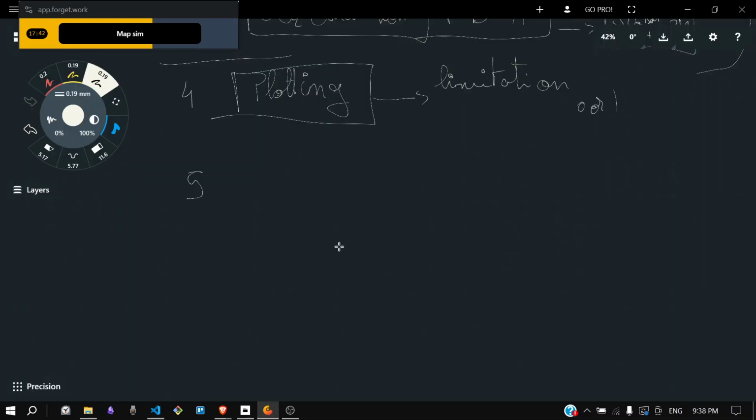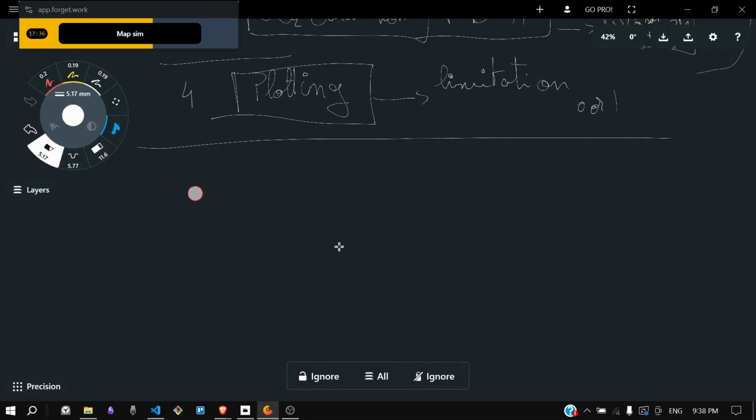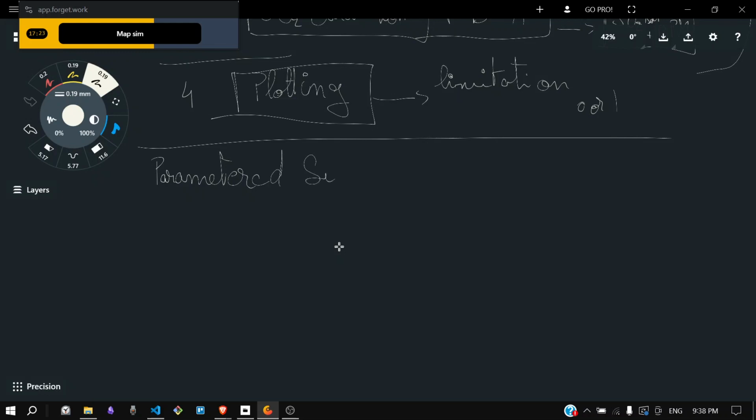So here we have, this is a new part. Here we enter the actual simulation. This is no longer functions, but the parametered simulation. So here we have the parametered simulation.